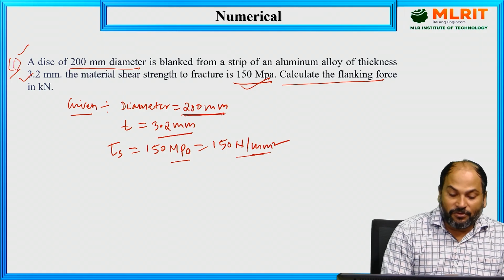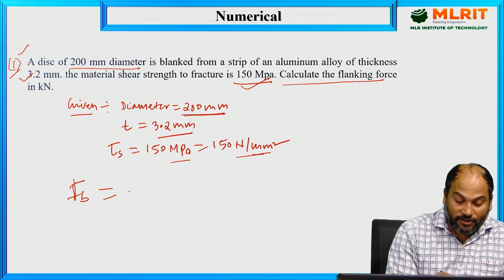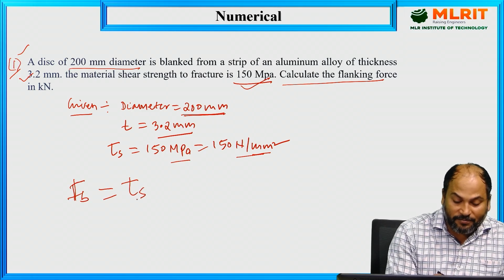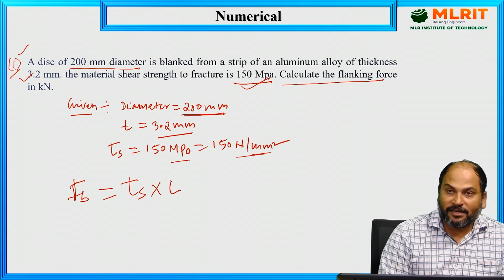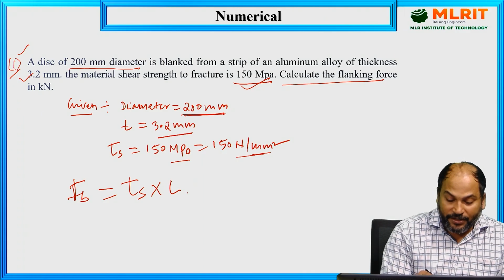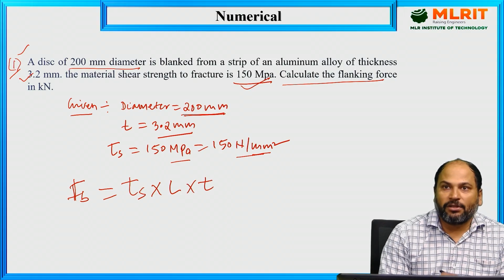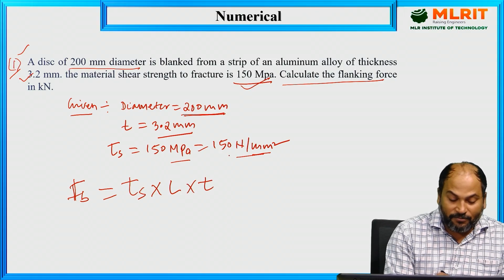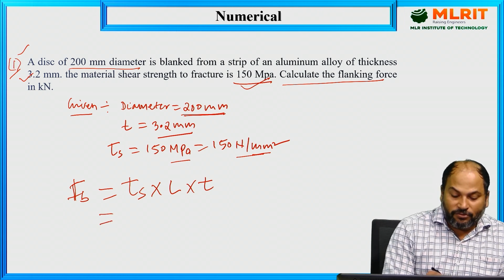Now, what will be the force? We know the formula for the blanking force, F_B, equals the shear strength of the material, tau S, times the perimeter of the part that we are going to blank out, times the thickness of the blank, T. All the terms are given, so we just have to put in the values.